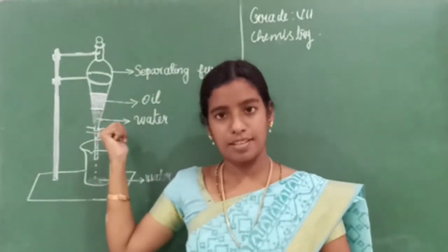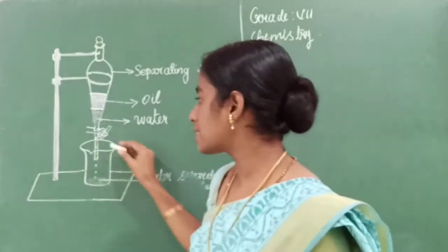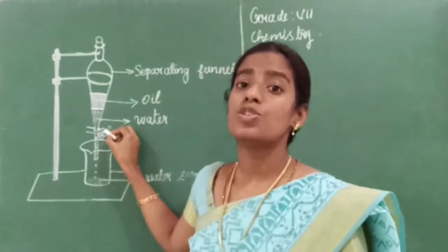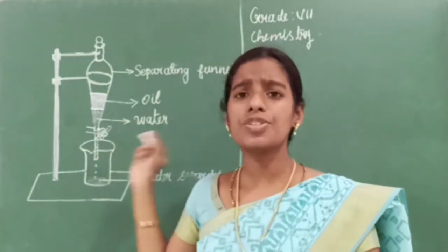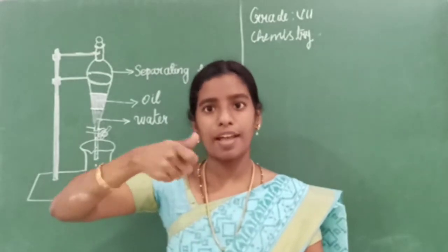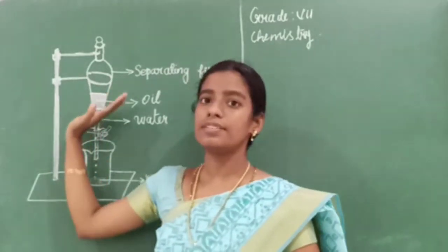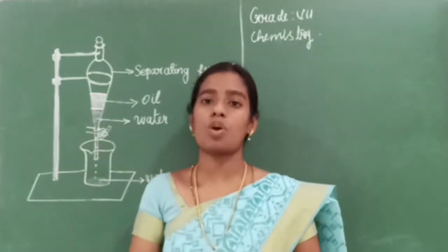When this mixture settles, here you have a stopcock. What is this stopcock used for? It can be opened and closed. When the water and oil settle, we have to open this stopcock.